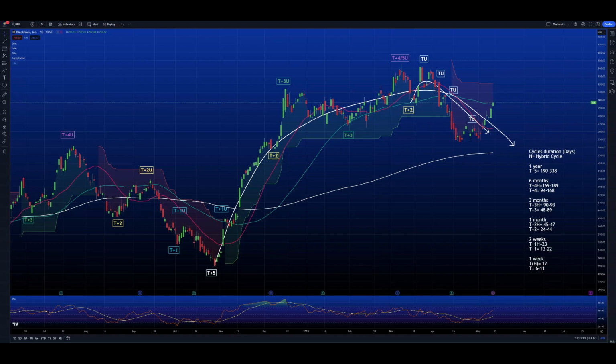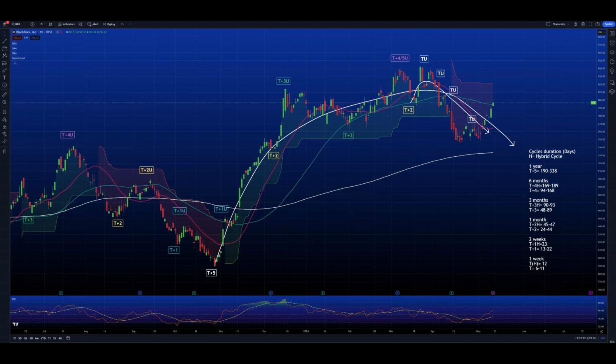First of all, we said that the upward cycle can be a T plus 4 or a T plus 5. If the upward cycle is a T plus 4, we cannot go back to this top for at least 24 bars. But if it's a T plus 5, and for the time being it really seems a T plus 5, we cannot go back to this top before 48 bars.